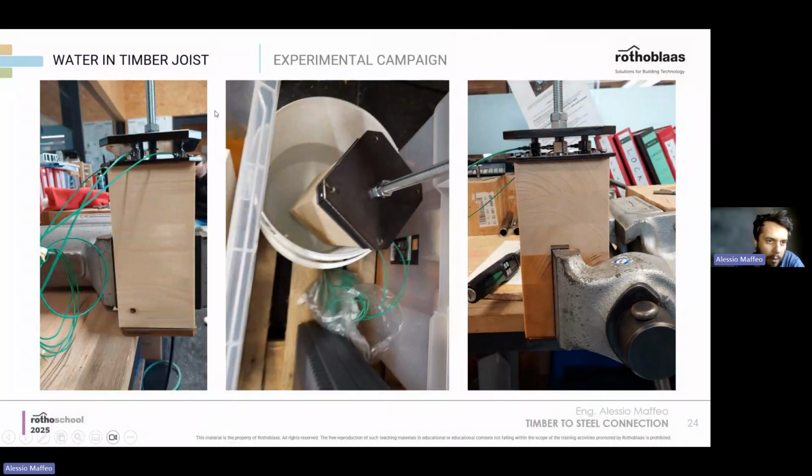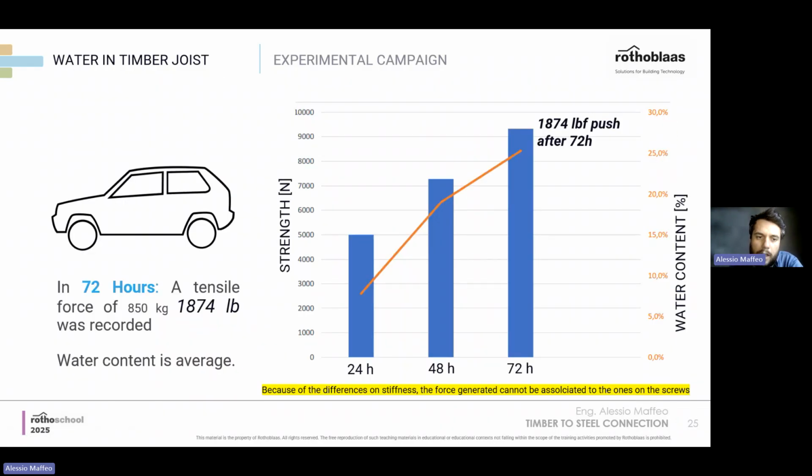Okay, some more examples. The load cells connected with wires, the pieces in the water. Nice phenomenon: you see the glue starting to block the passage of water in the timber element. And what happens after 72 hours is a bit surprising. In 72 hours, we get something around 1800 pound force.